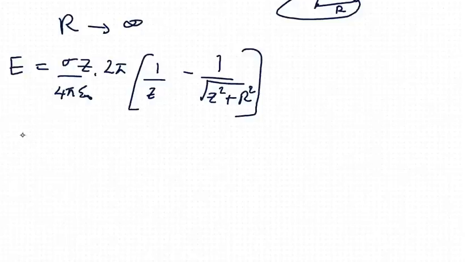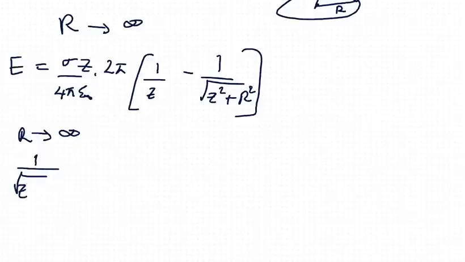As R tends to infinity, the expression 1 divided by the square root of Z squared plus R squared will be equal to 0.